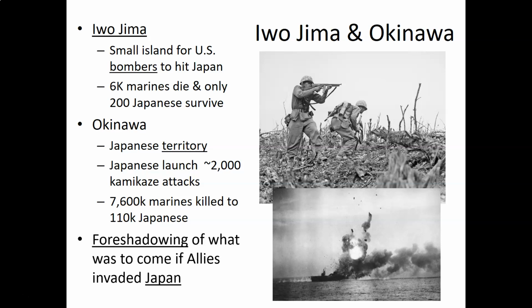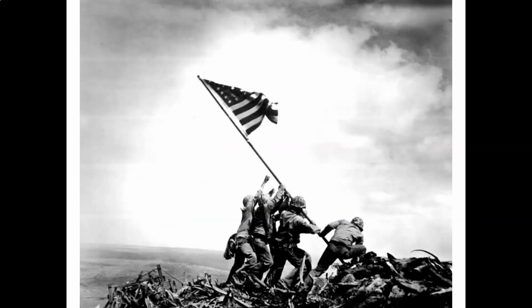And this is significant because the desperation they fight with on Okinawa is a foreshadowing to what the Allies think could happen to their forces if they actually invaded the home islands of Japan. And if they think that it's going to be this bad just for this small island, they're worried about how it's going to be to just invade the main islands of Japan.